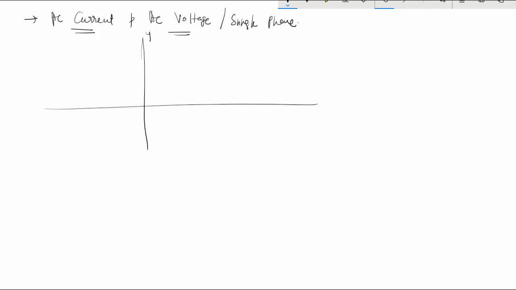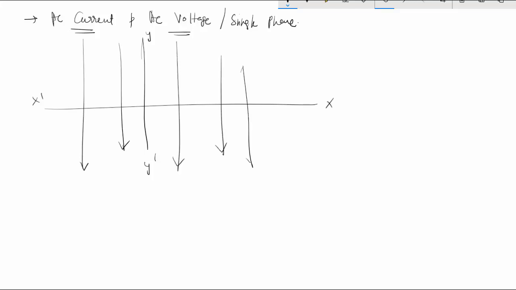This is from Y to Y dash and this is from X to X dash, and there is a field which is flowing in this direction. This is a magnetic field with the flux phi.